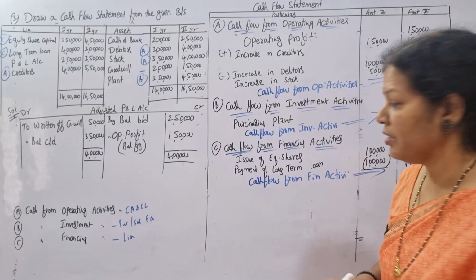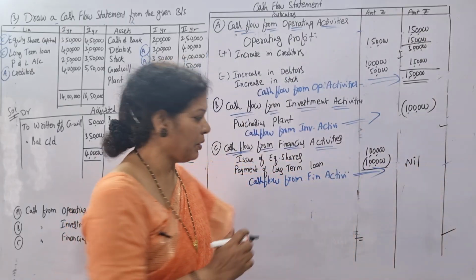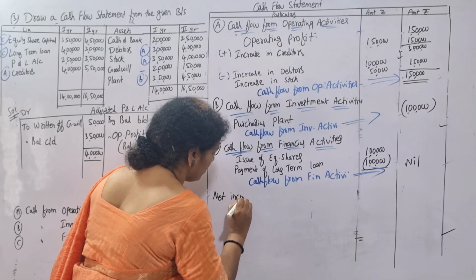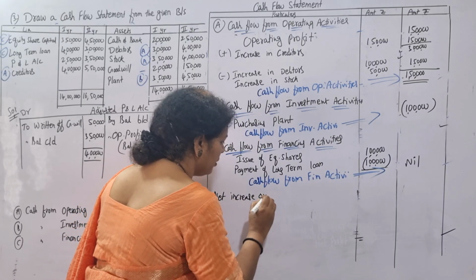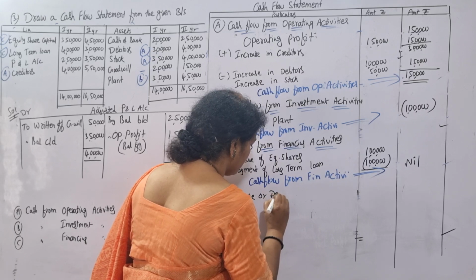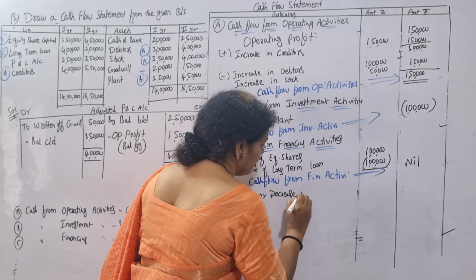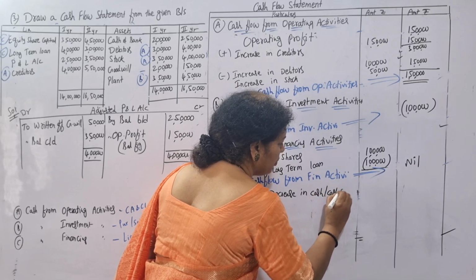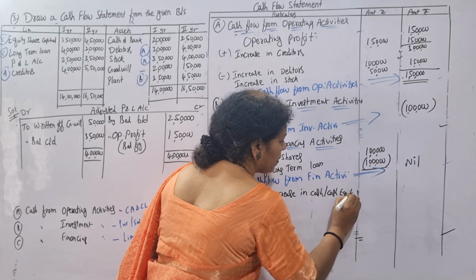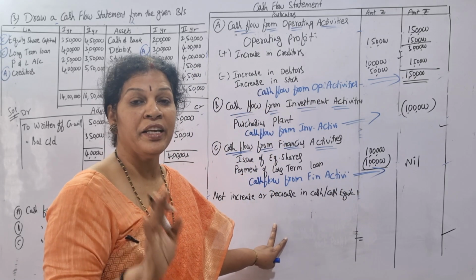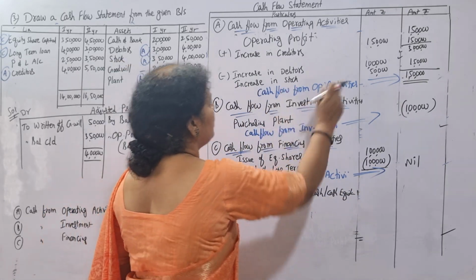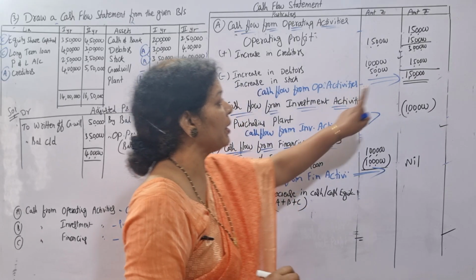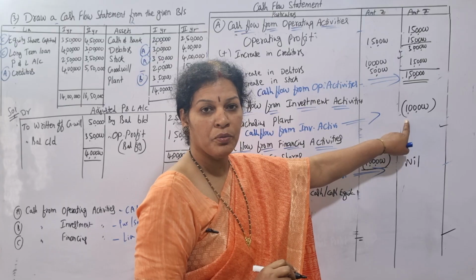Okay. Now what will we do? Net increase or decrease in cash or cash equivalents. How do you get this? You'll get it just by adding A plus B plus C. A is 1,50,000. B is negative 1 lakh.